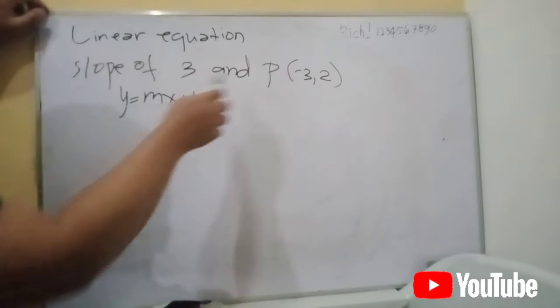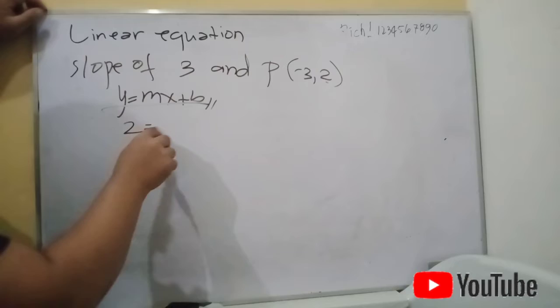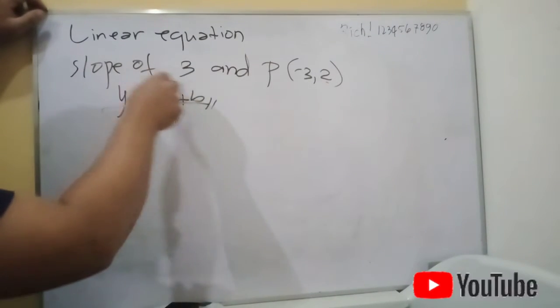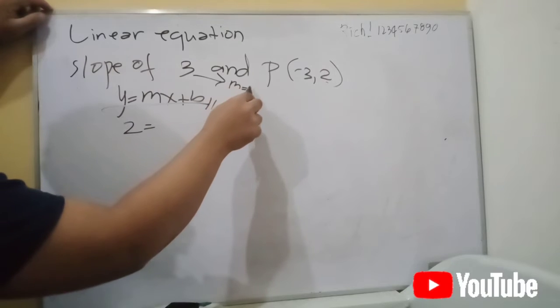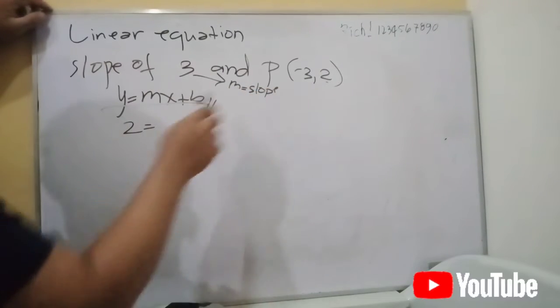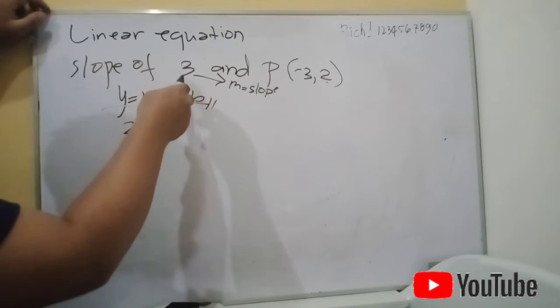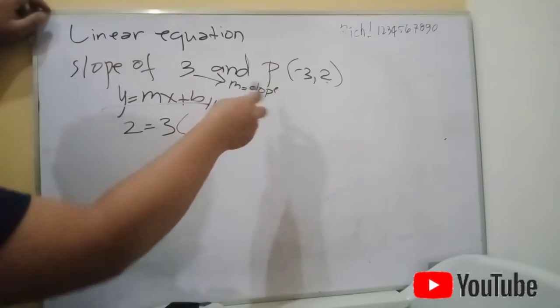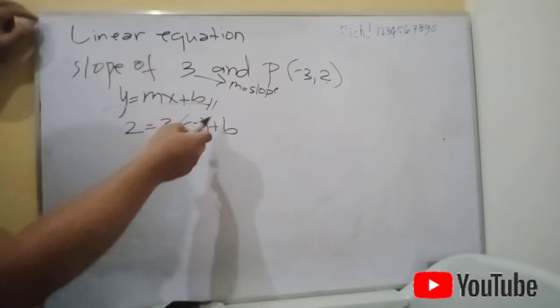Well, of course, you have to substitute. What is y? That is 2. Then m is the slope, so it's slope 3. And then x is negative 3, plus b. So this is the formula.